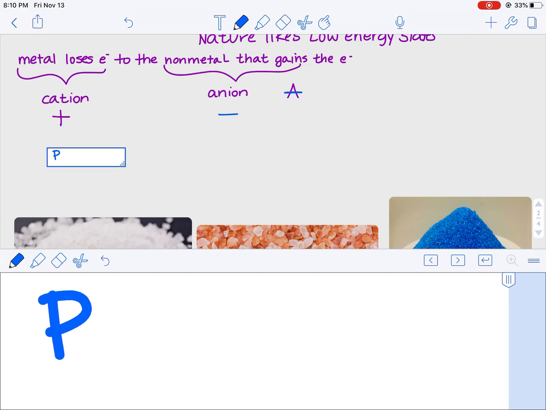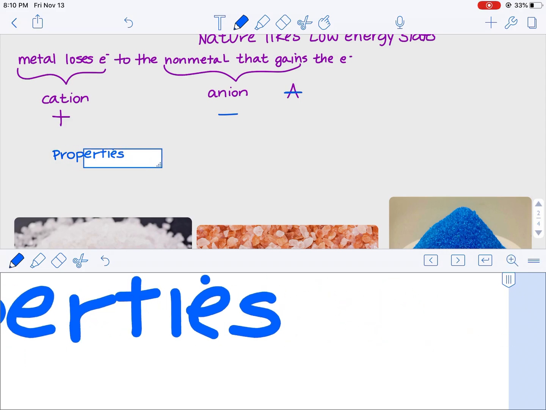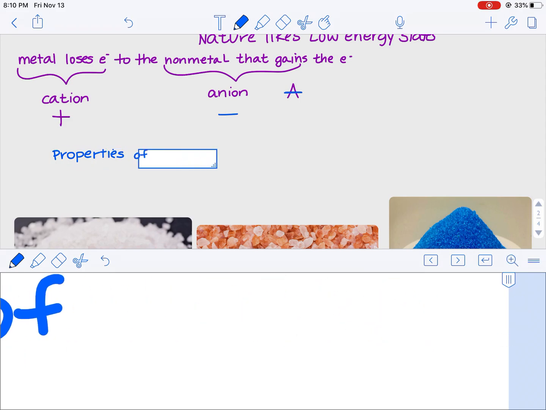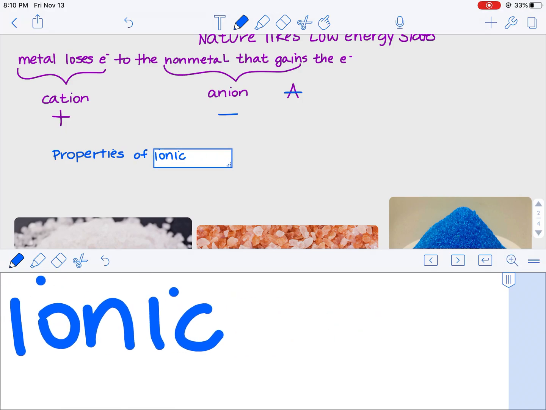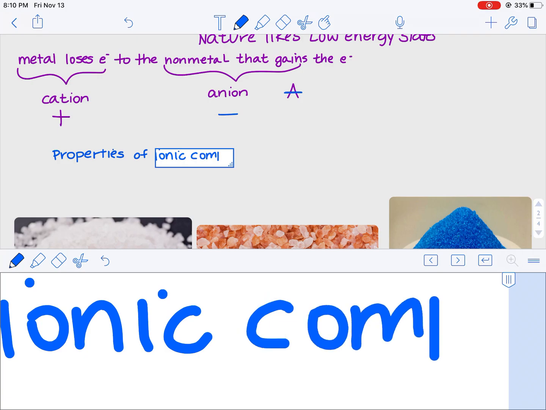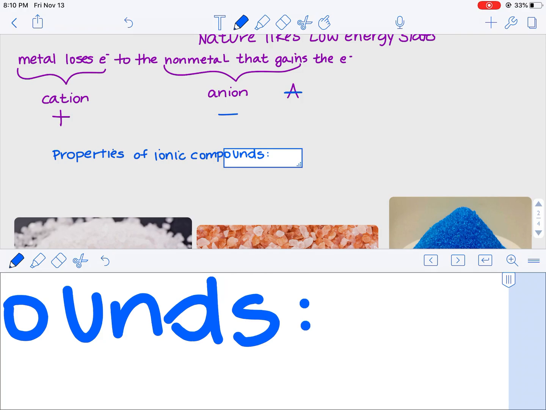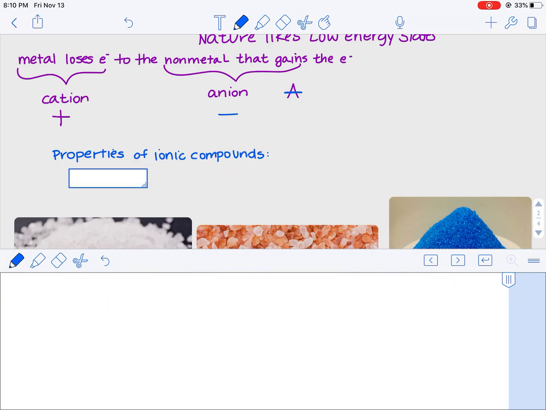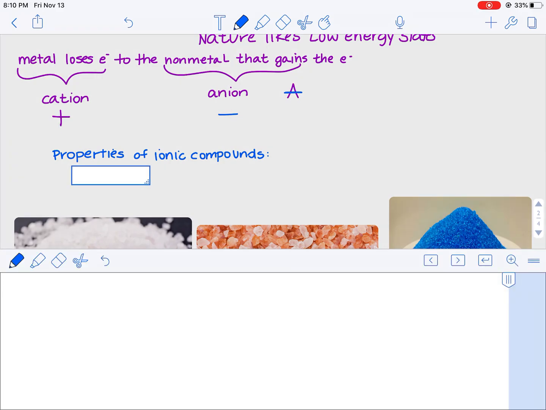The properties of ionic solids. I just kind of ruined it for you. Ionic compounds, excuse me, you'll tend to notice that they're mostly solids.